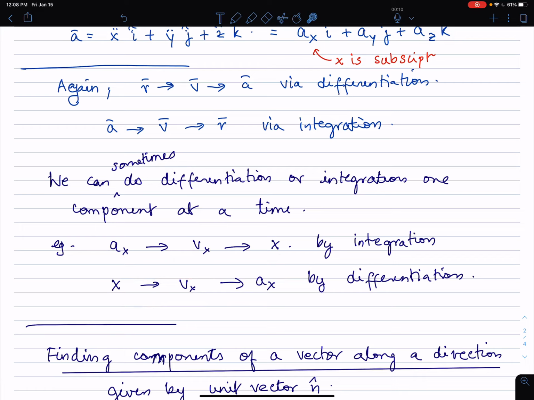But if it's a function of velocity or position, as we did in the first lecture, then we may be able to do the integration if the three directions are decoupled. In other words, the motion in one direction does not affect the motion in the other directions. So in those cases, we will be able to treat the components independently.